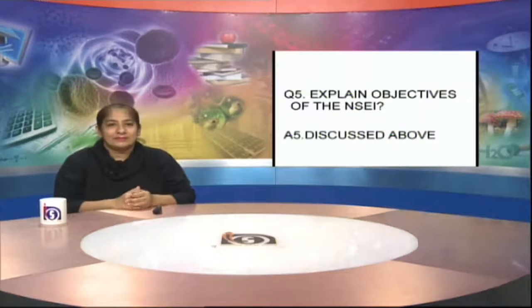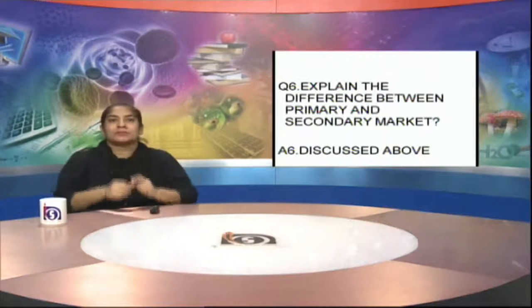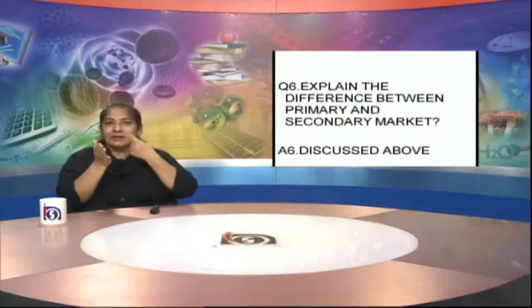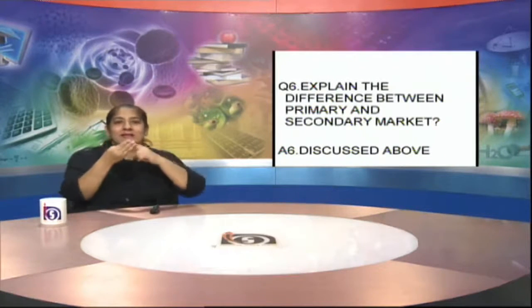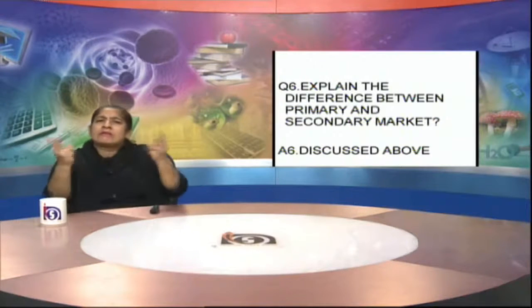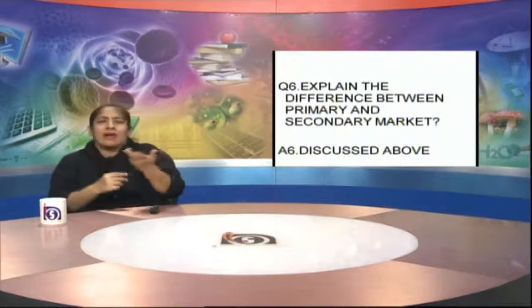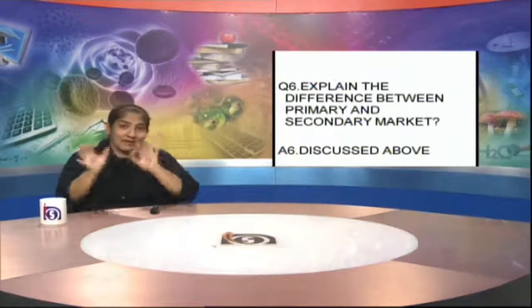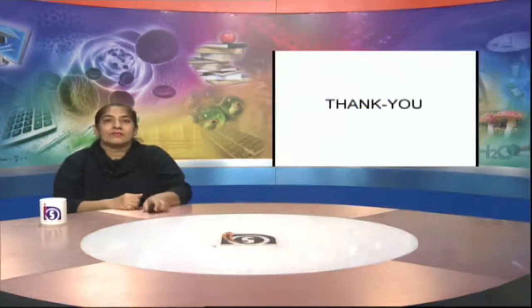The answer we have already discussed in this video. Sixth question is, you have to explain the difference between primary and secondary market. Both are different. You have to explain the difference. The answer we have already discussed in this video.